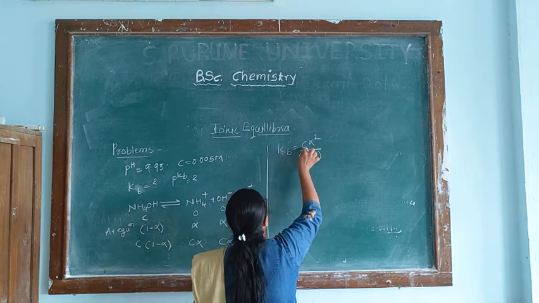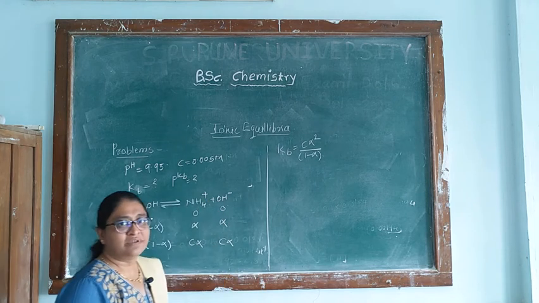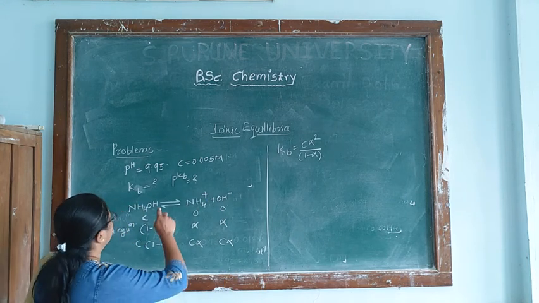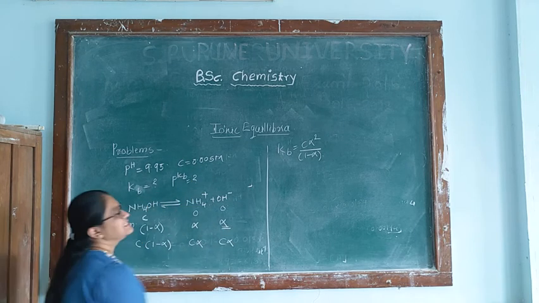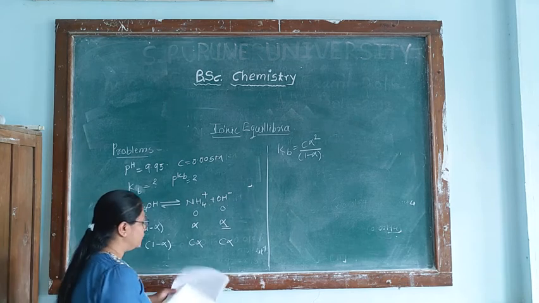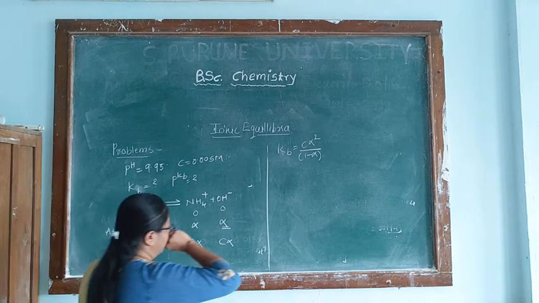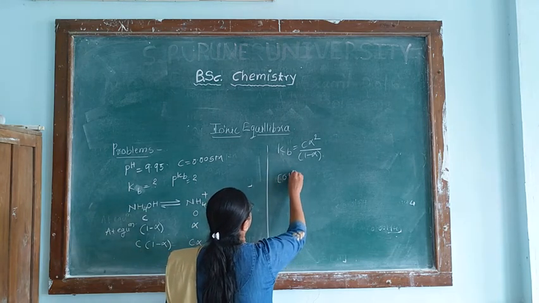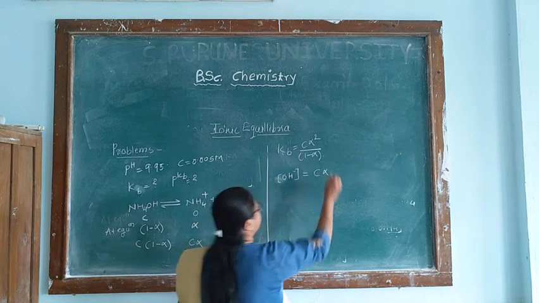We have the concentration given, but we need to calculate alpha. Now how can we calculate alpha? OH minus concentration is equal to C alpha, right?